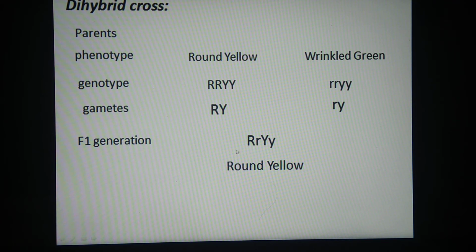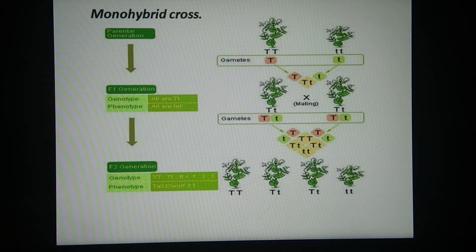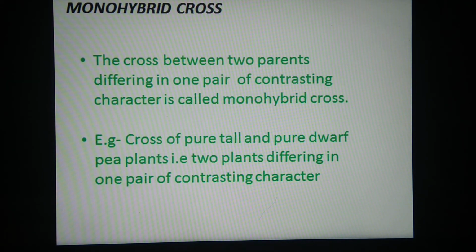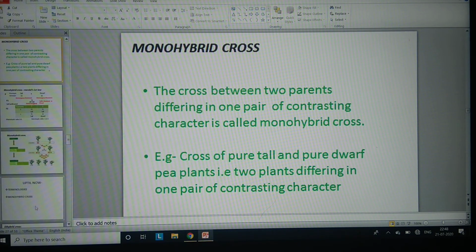So these are the hybrids for round and yellow color of the seed. In the next part, we have to study about gamete formation from this F1 hybrid plant. So we'll see the next slide, how the gamete formation takes place.